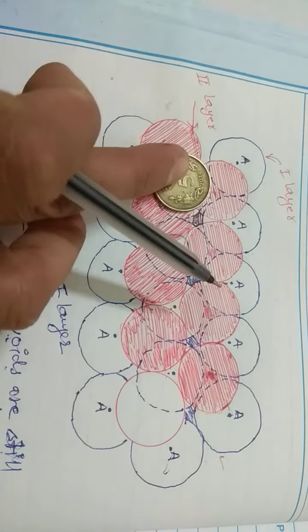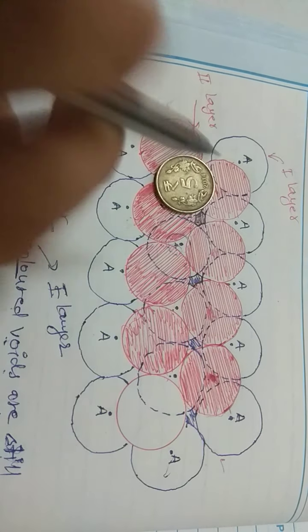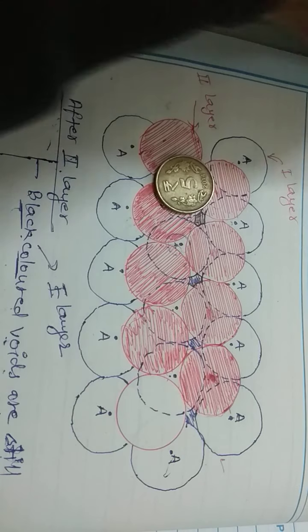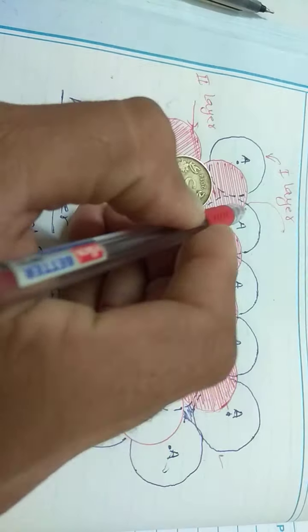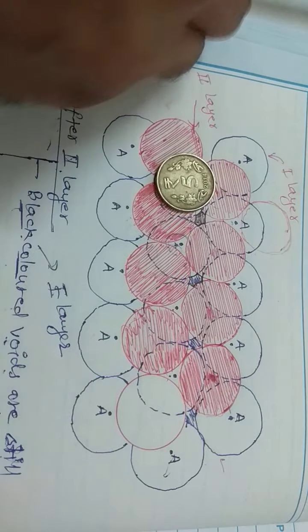So you can see the third layer is the same as the first layer. Okay class, so if this is the void and you put a particle here in the second layer, then you can see this will be the particle.